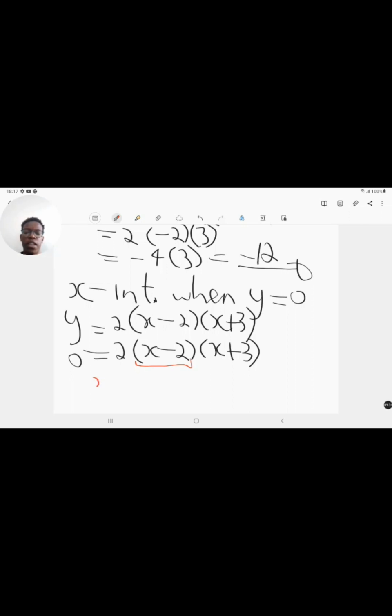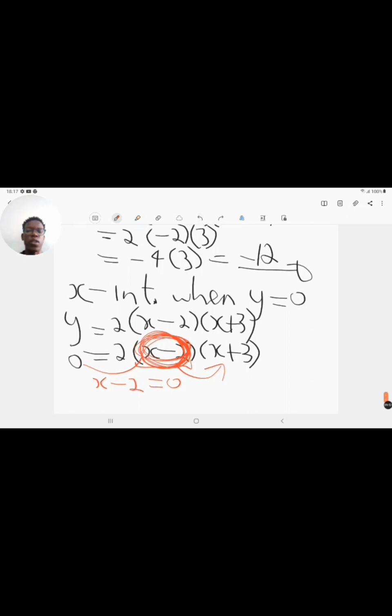So you're going to take that and say x minus 2 is equal to 0. You want the entire x minus 2 to be equal to 0 so that when you multiply it with x plus 3, you get 0, because anything multiplied by 0 is 0. The left-hand side in this case is 0. So that's the entire reason why we take what's inside the bracket and equate it to 0.